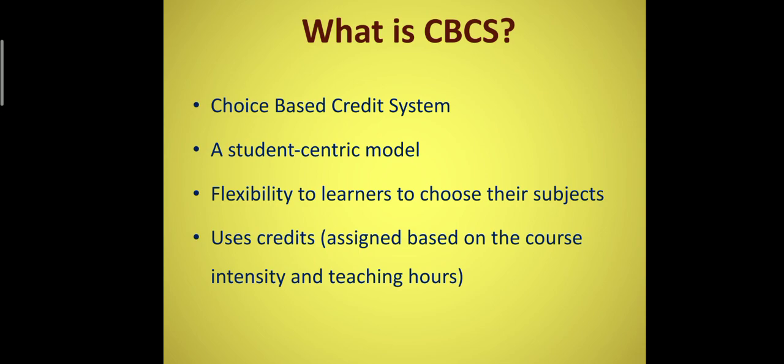They must have a pool of a lot more courses available to choose from. For example, though we have already implemented CBCS in our university, because it is the beginning of the CBCS system in our university, it is difficult to introduce CBCS right away, but we are trying it, or we will do it gradually.